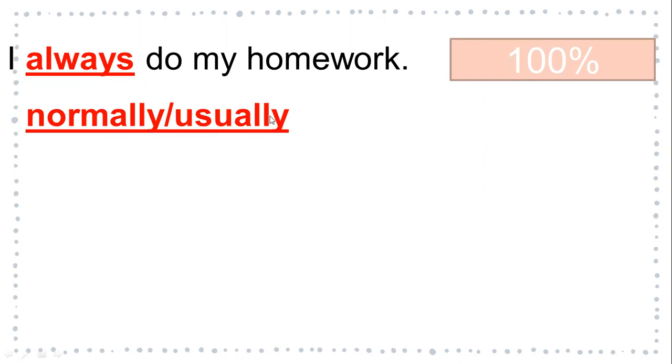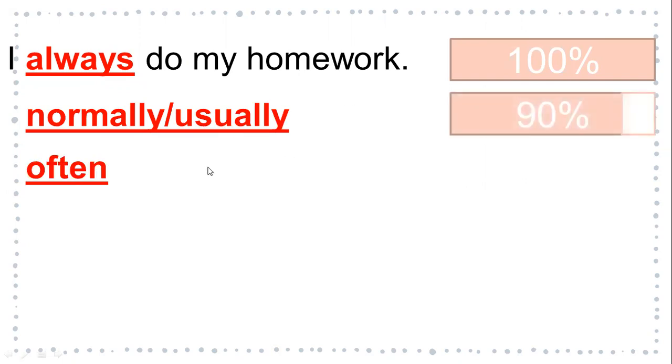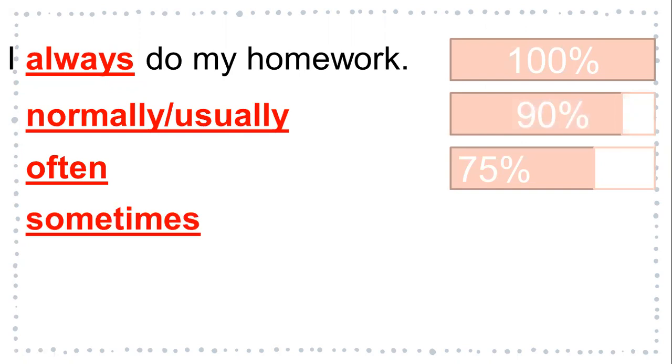Now, for example, I always do my homework. That means the frequency of this activity is 100%. Normally, usually, about 90%. Often, about 75%. Sometimes, about 50%.